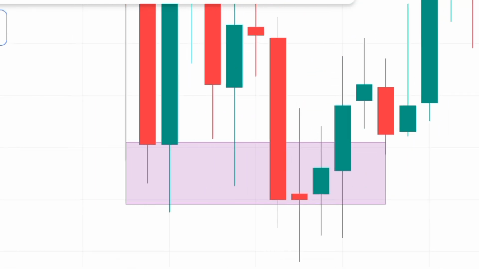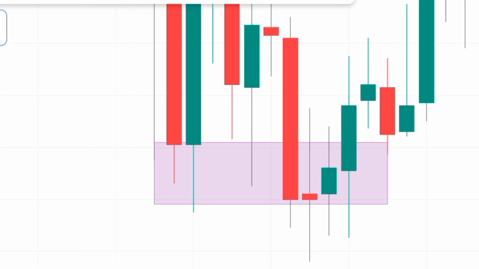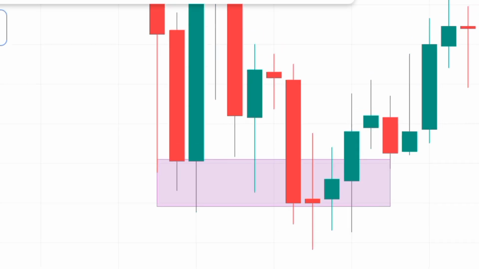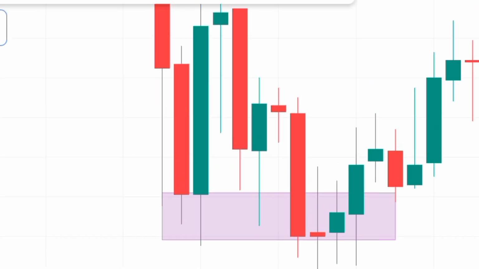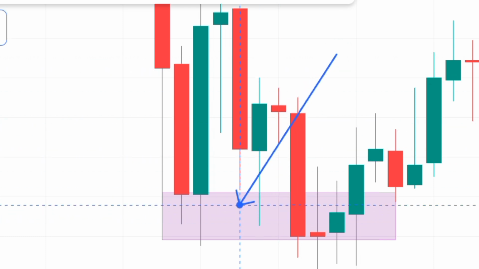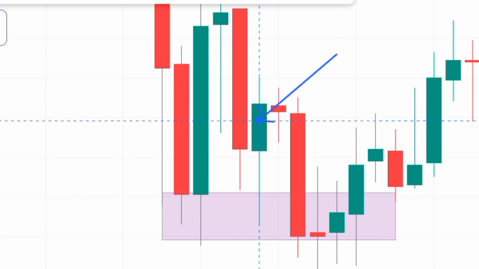So now on top of that, it also created another rejection candle, what we call the bullish pin bar, right? The bullish pin bar, we said, is having a very long wick down, right? And a small body up, right? When you look at this one here, this one is having a very long wick and also a small body up. So now all those are rejection candles.